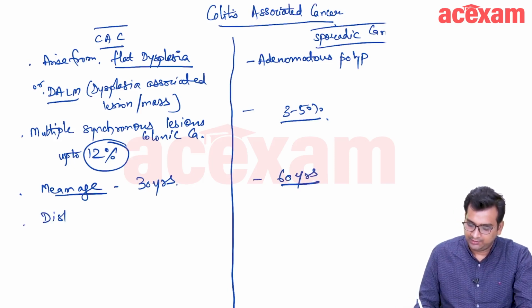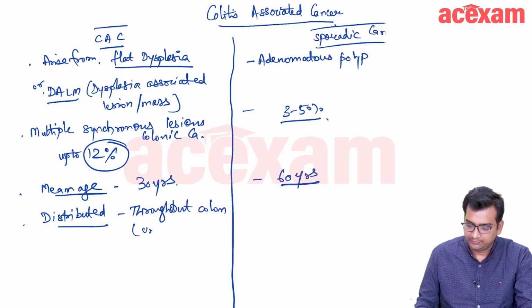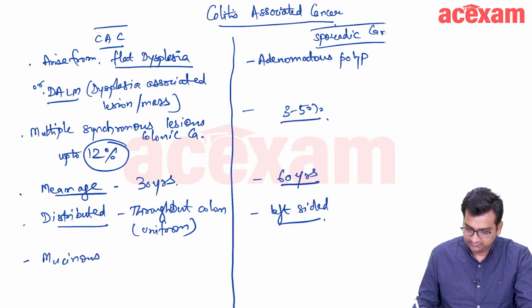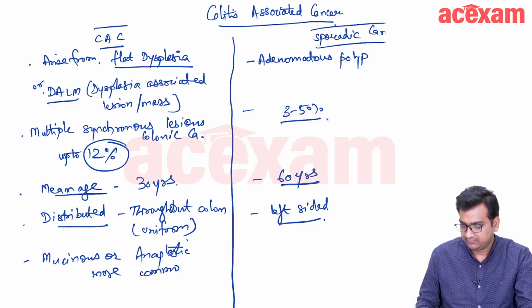It is distributed throughout colon and the distribution is uniform. Here it is more left-sided. Okay, and it is mucinous or anaplastic variant, which is more common. Here the mucinous or anaplastic variant is less common.